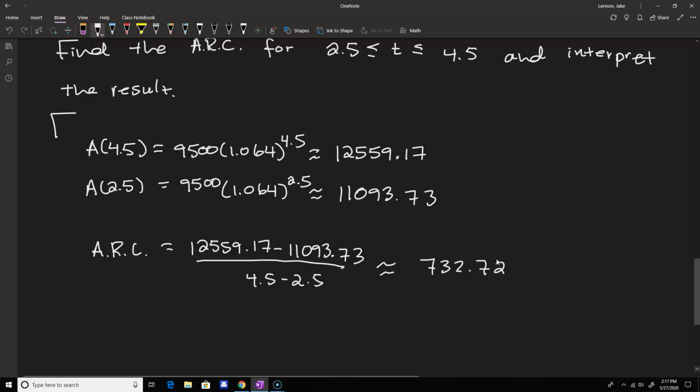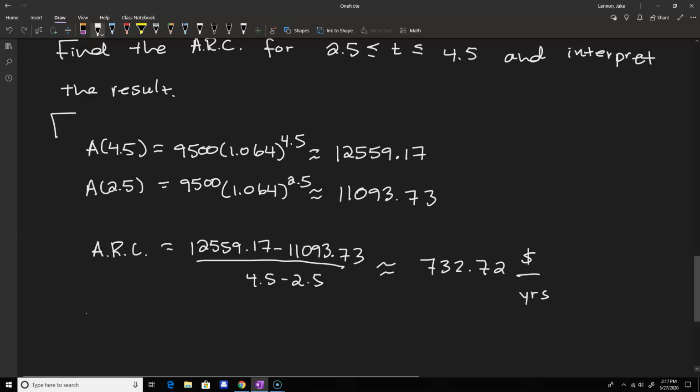And remember, what are the units of this going to be? Because we have to interpret. So the units are the units of output, which is dollars, and the input was years. So we know the output are dollars per year. So that helps us interpret. Since that's a positive number, it's corresponding to an increase.